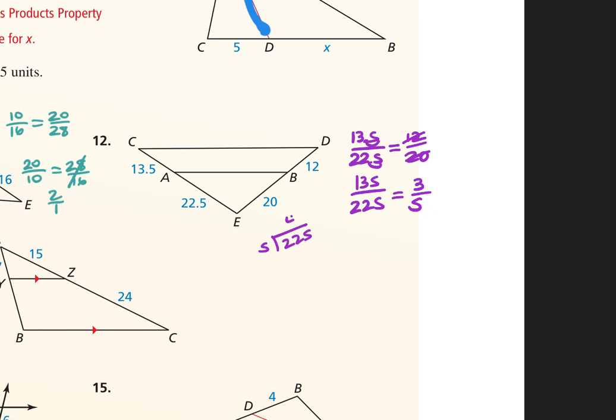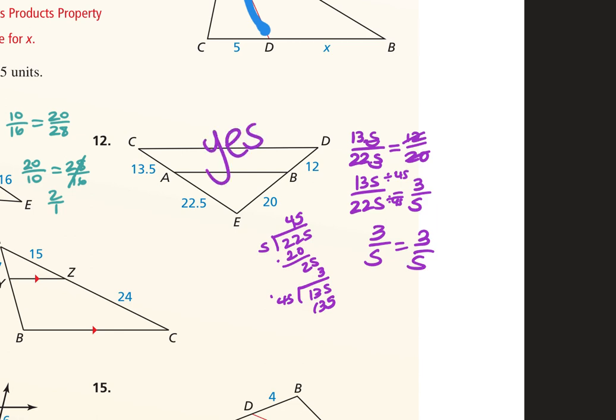And I know I can, but I want to see what I get. 225 divided by 5 is 45. And see if 135 is also divisible by 45. And it is. If I divided them both by 45, it would reduce to 3/5. Because those are the same, this one is a yes.